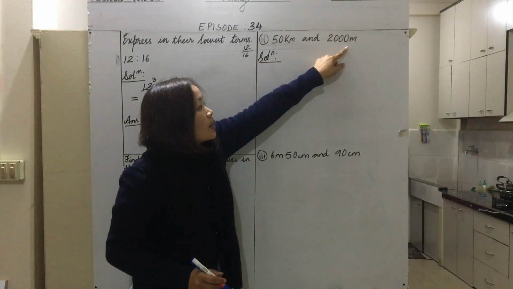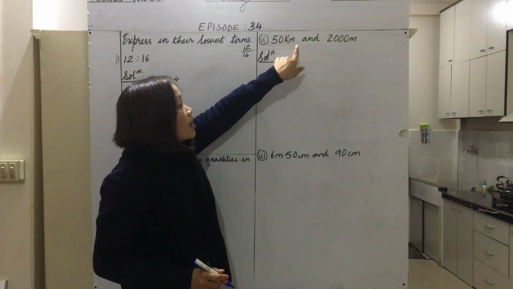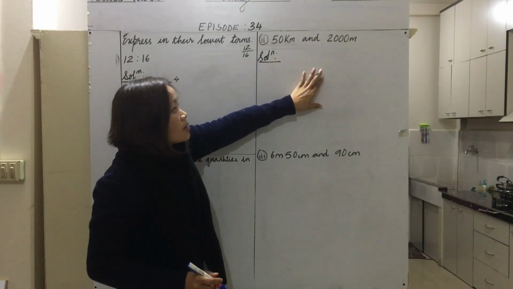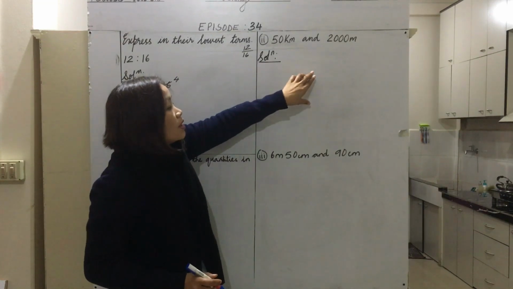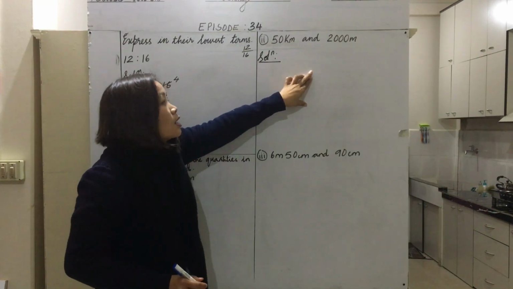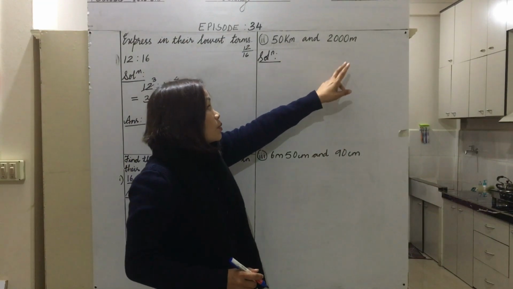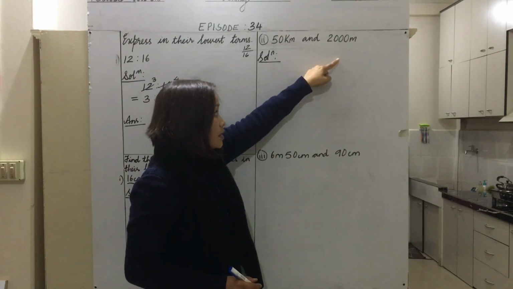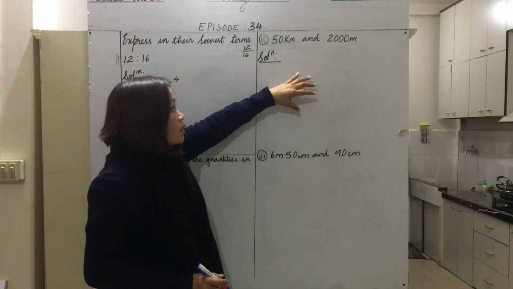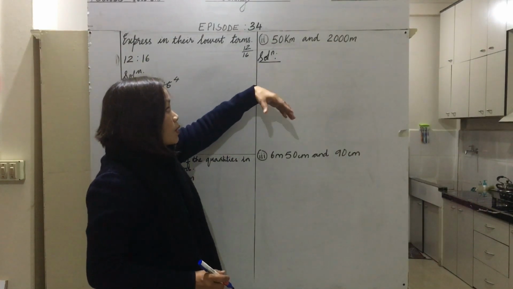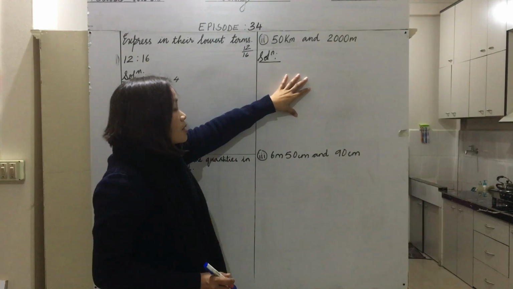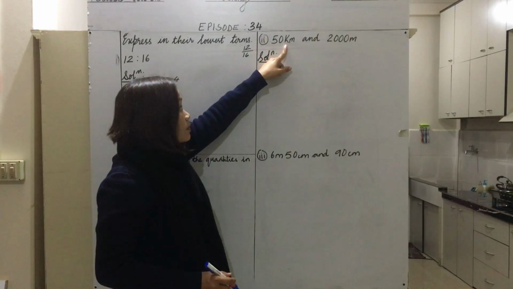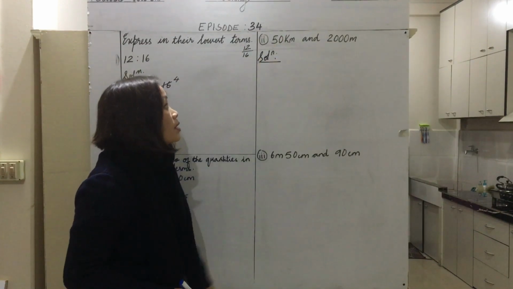So when you are going to convert them into the same units, the bigger units will be converted into the smaller units.